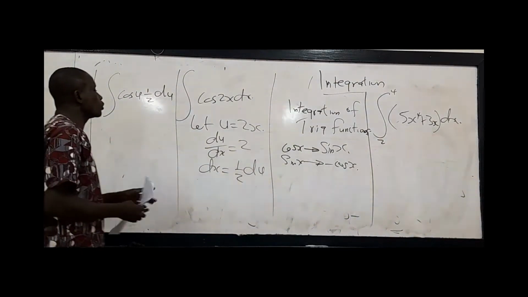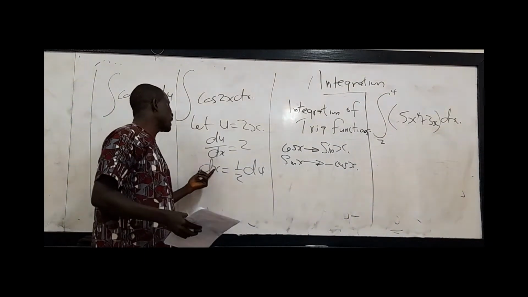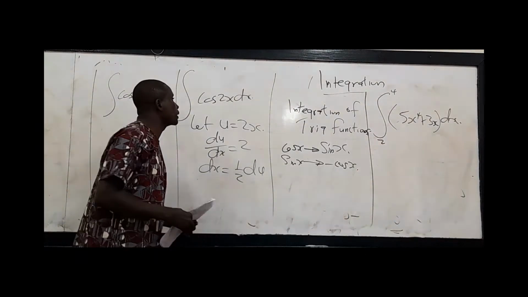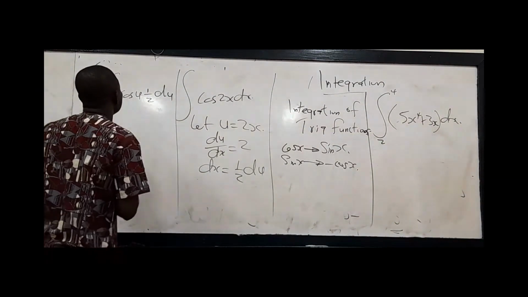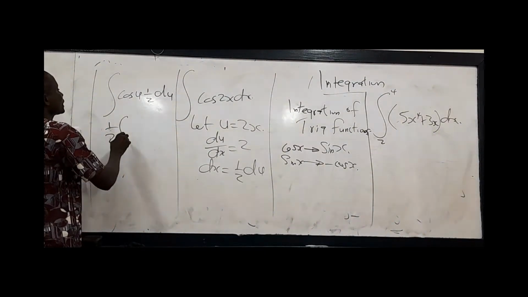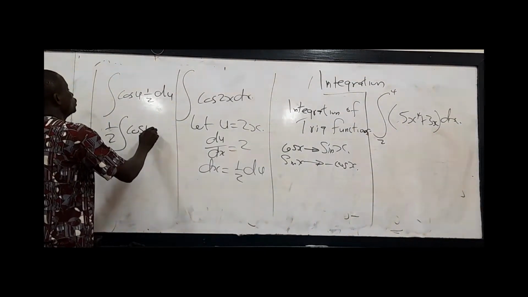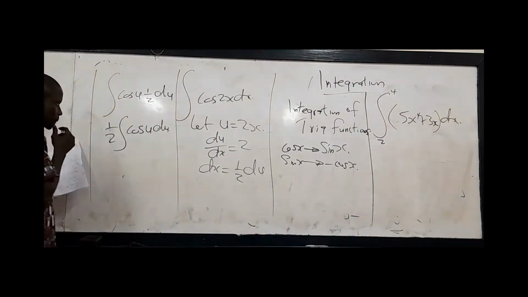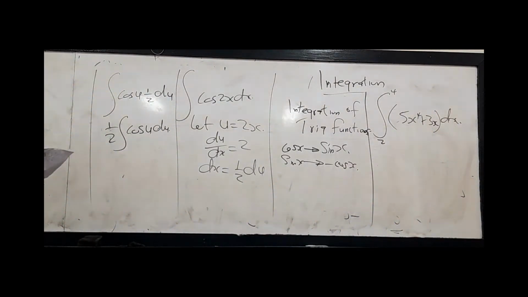That means we have maneuvered to take away the x and brought this one. So that our half will go outside, and this integral sign comes. Cos u du.